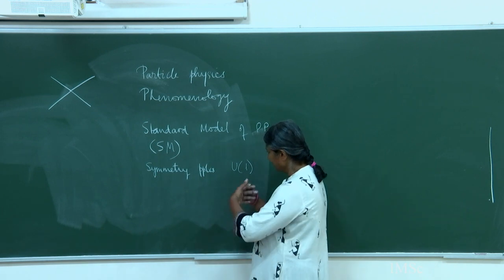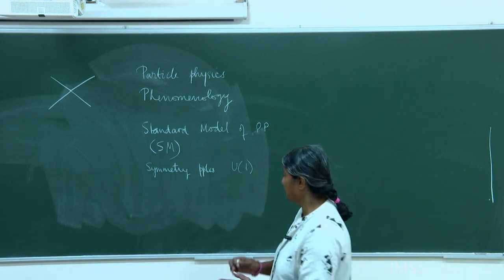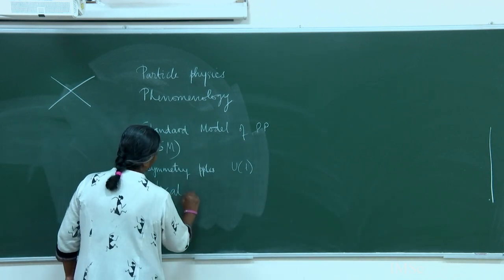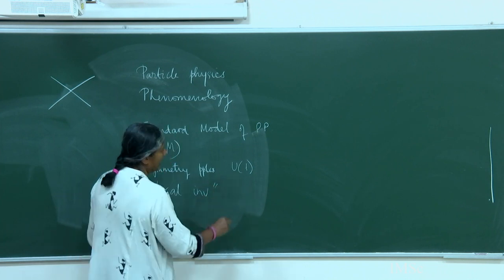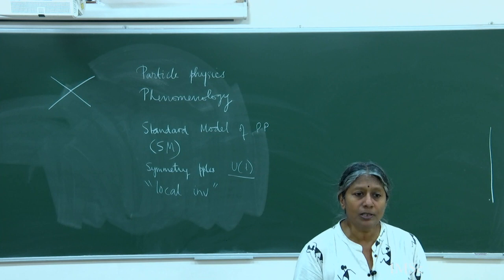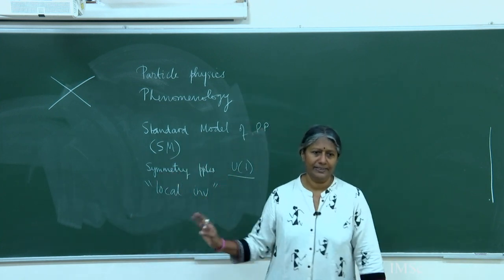What we say is that if we demand that the Lagrangian has a certain special invariance, which we will discuss, called local invariance under this group, then it will describe all the possible interactions of the particles in the model with the mediator.